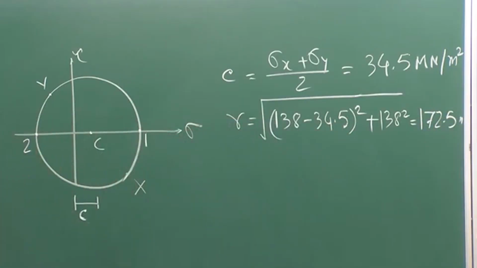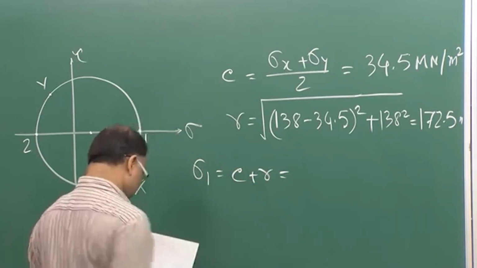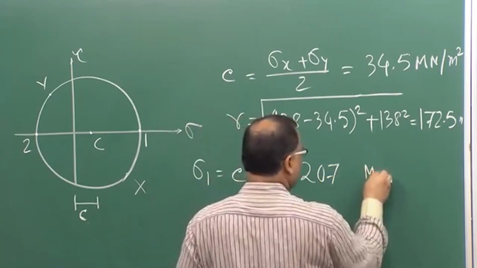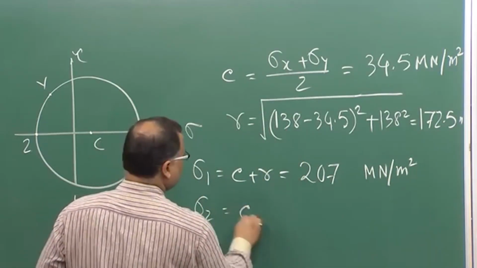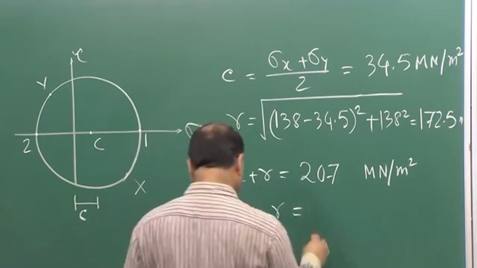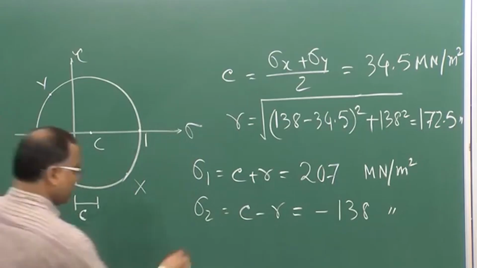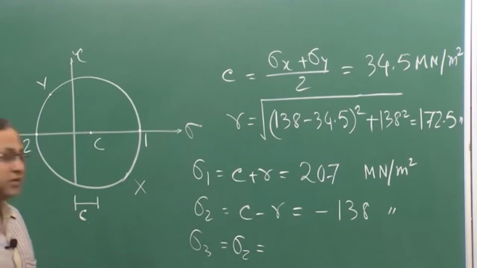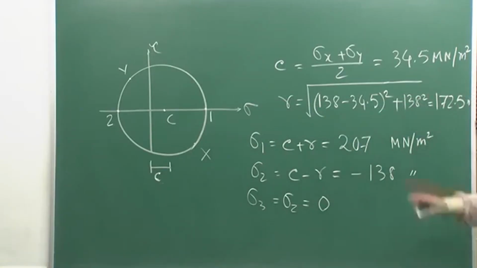So you have got C and R. Therefore, sigma 1 will be C plus R, equal to 207 meganewton per meter square, and sigma 2 will be C minus R, which comes as minus 138 meganewton per meter square. And of course, sigma 3 is nothing but sigma z, which is 0. So you have got all the principal stress components, sigma 1, sigma 2, sigma 3.